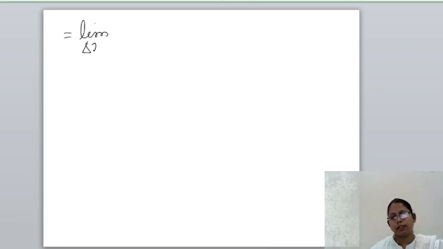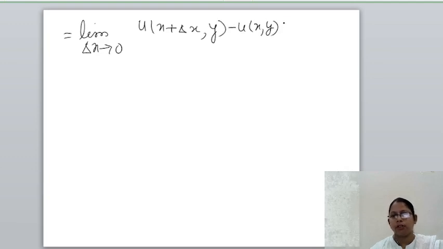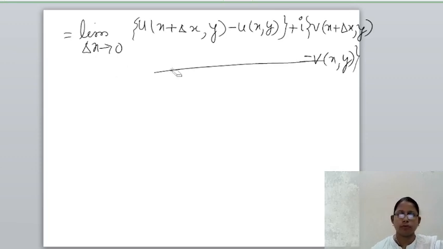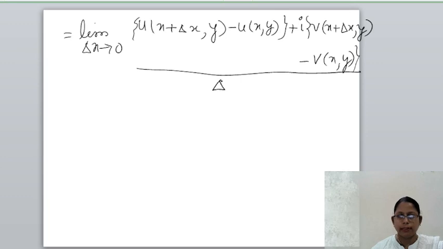So the next step will be limit delta x tends to 0, [u(x plus delta x, y) with delta y equal to 0, minus u(x,y)], then plus i [v(x plus delta x, y) minus v(x,y)], divided by delta x. Now write separately.